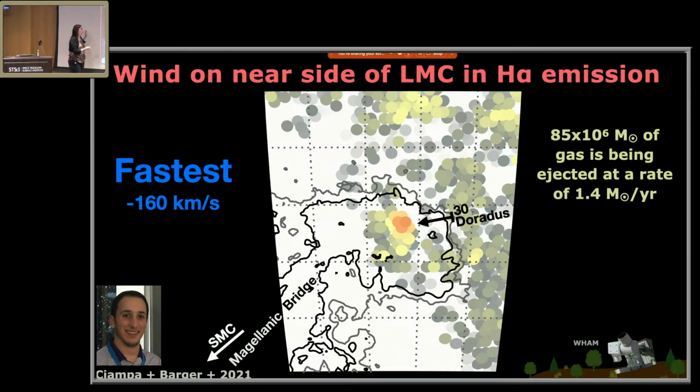So here, if we consider all of this material, the slow and fast-moving gas, to be associated with the wind, there's a tremendous amount of material being ejected, on the order of 85 million solar masses at a rate of roughly 1.4 solar masses a year for the entire wind, both the slow and the fast-moving component.